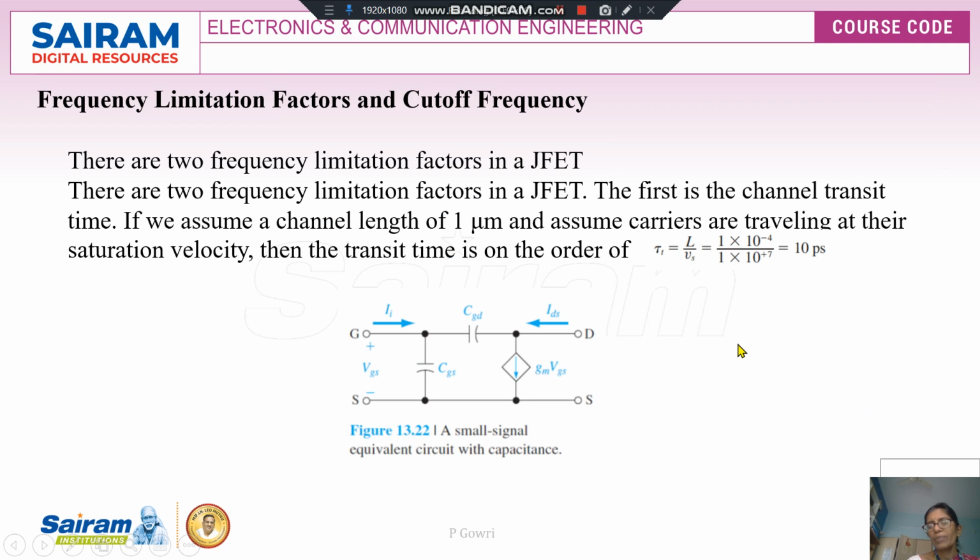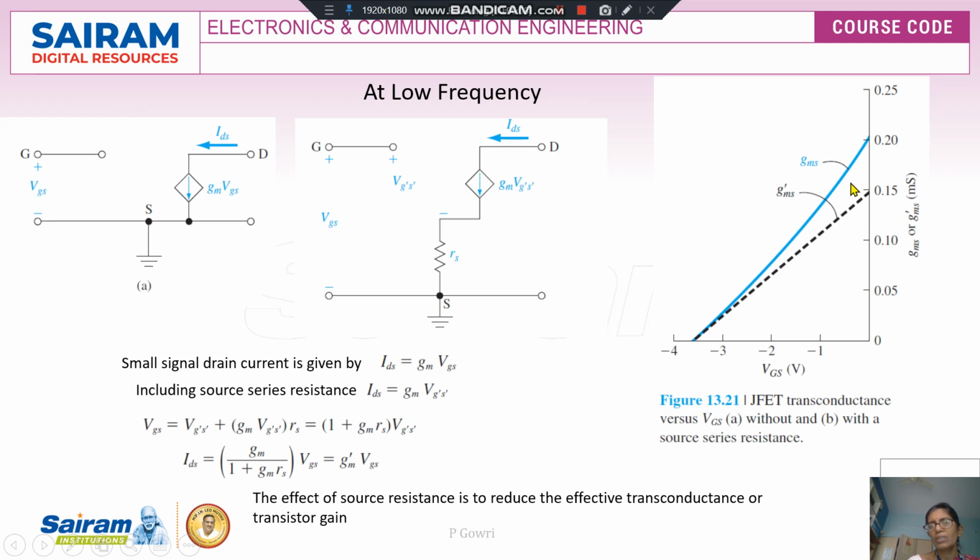When Gms is considered, that is my transconductance without considering the source resistance, we can see that my current will be decreasing exponentially with respect to the voltage, and the gain will be less when I consider the source resistance. The dotted curve will give me the transconductance versus the VGS with a source series resistance.